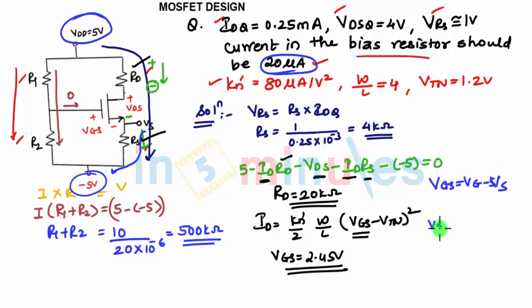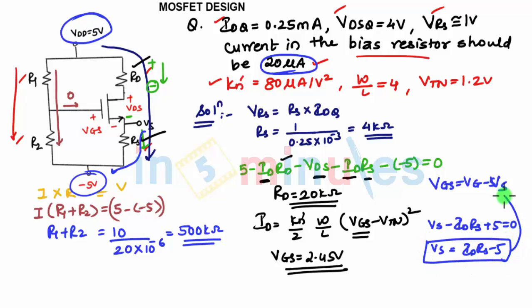We can say Vs minus ID into Rs plus 5 equals 0, or we can say Vs is ID Rs minus 5. And how I can write Vg is R2 upon R1 plus R2 into 10 minus 5. Since there are dual supplies, we need to consider both the supplies.